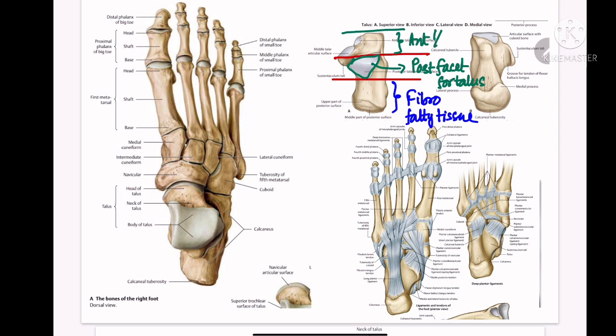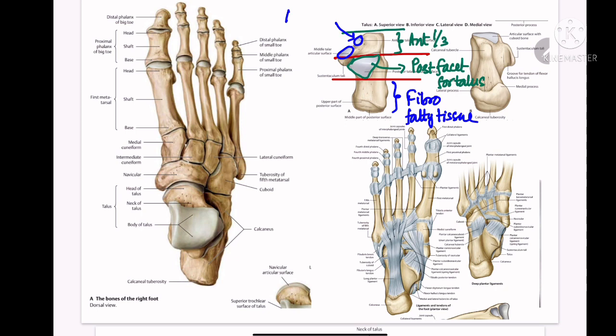Anterior 1/3. We get to see in the anterior 1/3 that it presents two articular facets. The anterior one is called the anterior facet for talus.